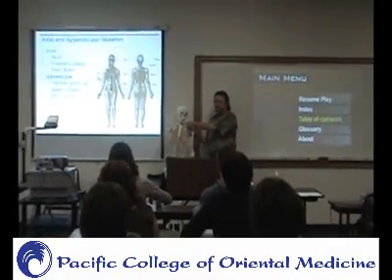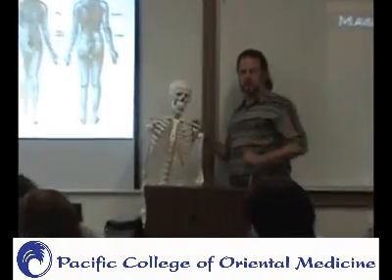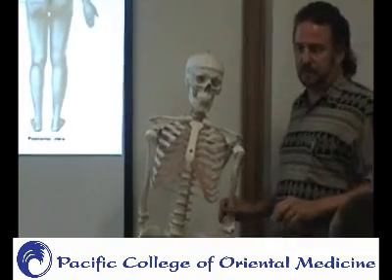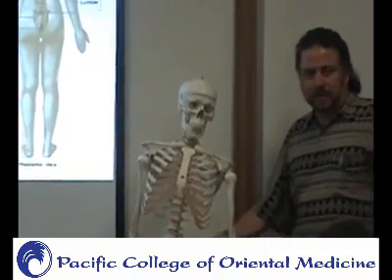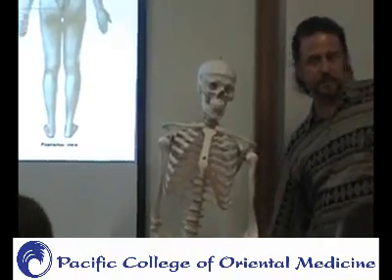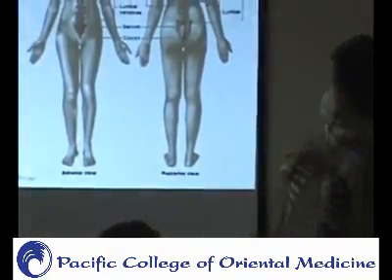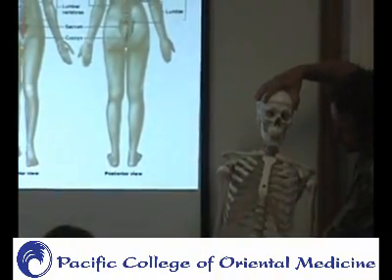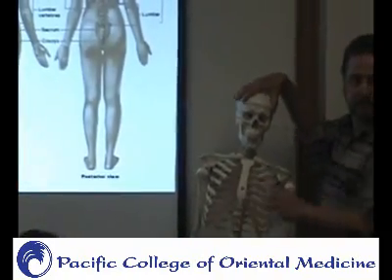So the appendicular skeleton is the clavicle, the scapula, humerus, and all the bones of the rest of the upper extremity. And then the innominate or pelvic bone, and the bones of the lower extremity. The axial skeleton is basically the spine, the skull, sacrum, and the rib cage.